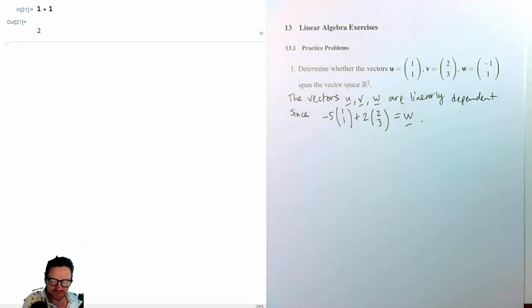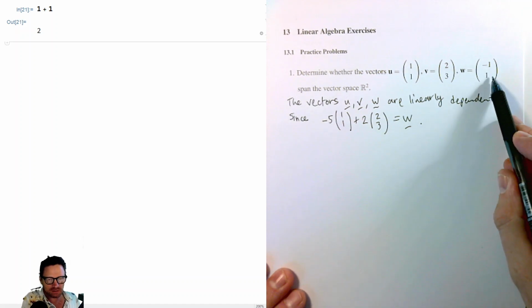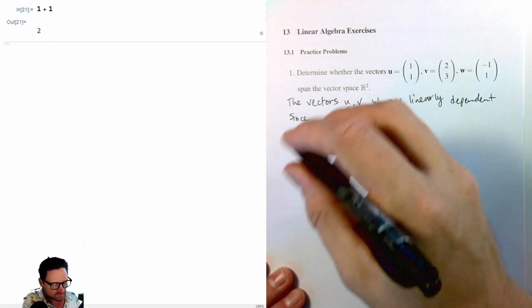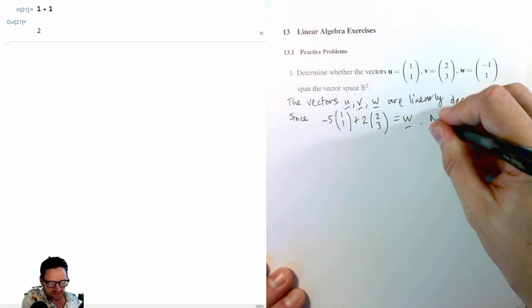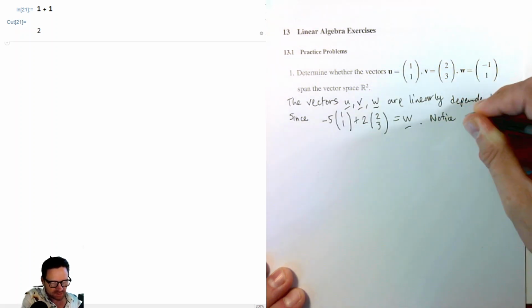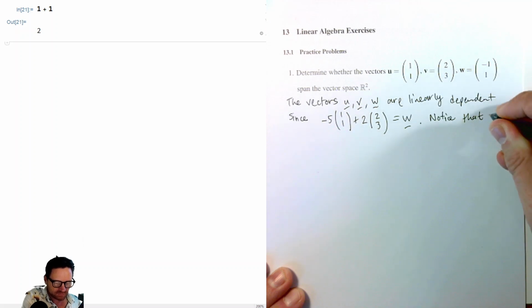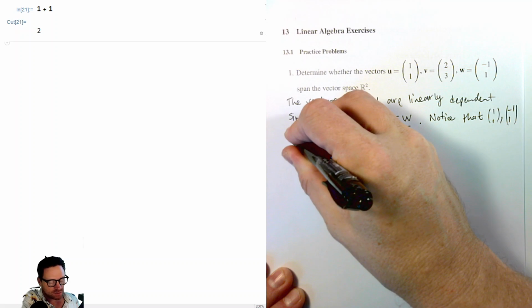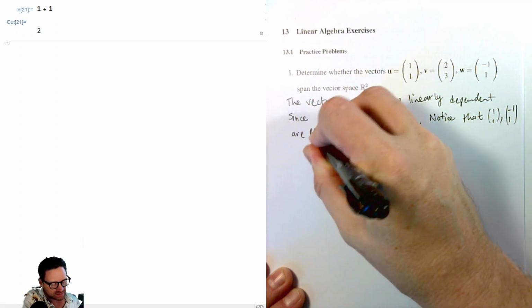Okay, so now we want to choose a basis for the span of u, v, and w. Let's just choose u and w because w looks fairly simple and so does u. So notice that the vectors 1, 1 and minus 1, 1, they're not multiples of each other, so they are linearly independent.